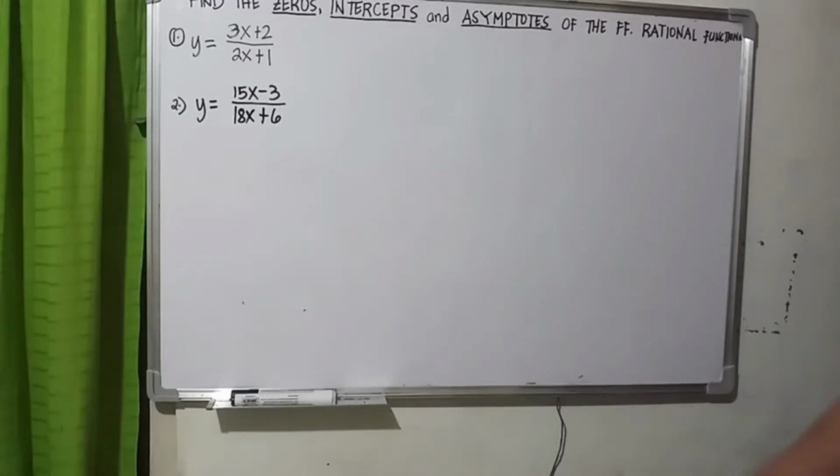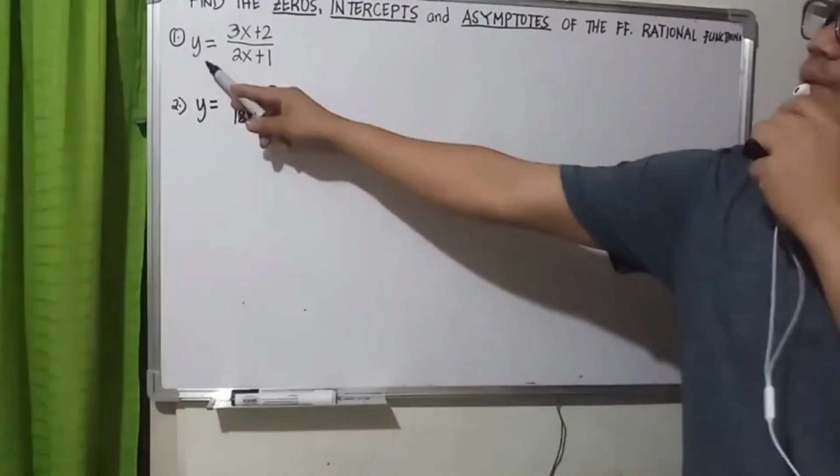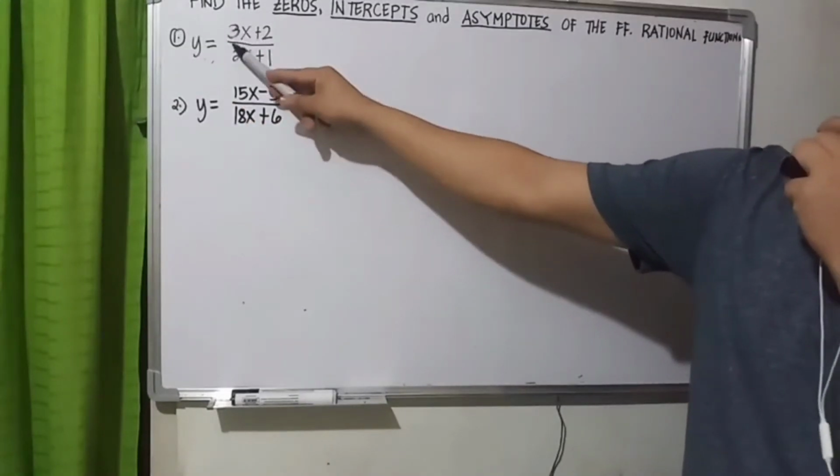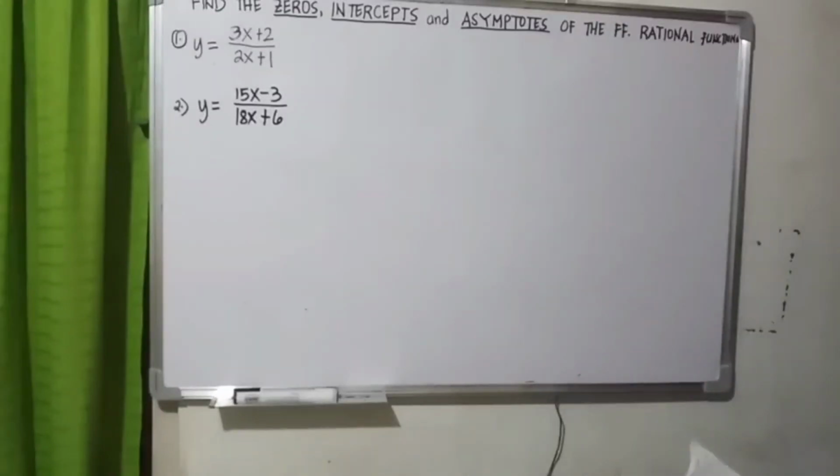So number 1, we have y equals 3x plus 2 over 2x plus 1. That is example number 1. How to find the zeros of that given rational function.